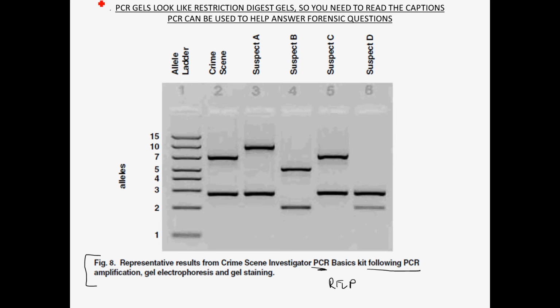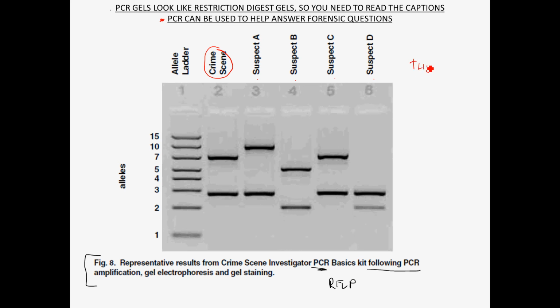PCR can be used to help answer forensic type questions. For example, if we have a crime scene and there's DNA left at the crime scene, and we have 4 suspects that for other reasons have been brought in, we can look at the DNA, the highly variable regions.